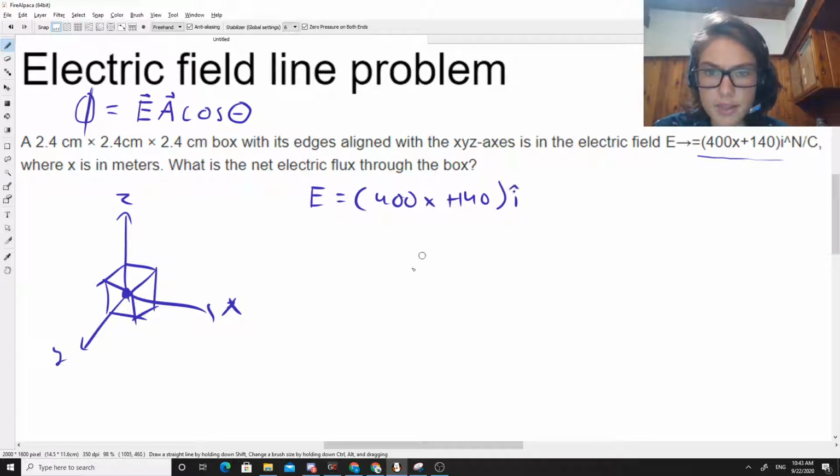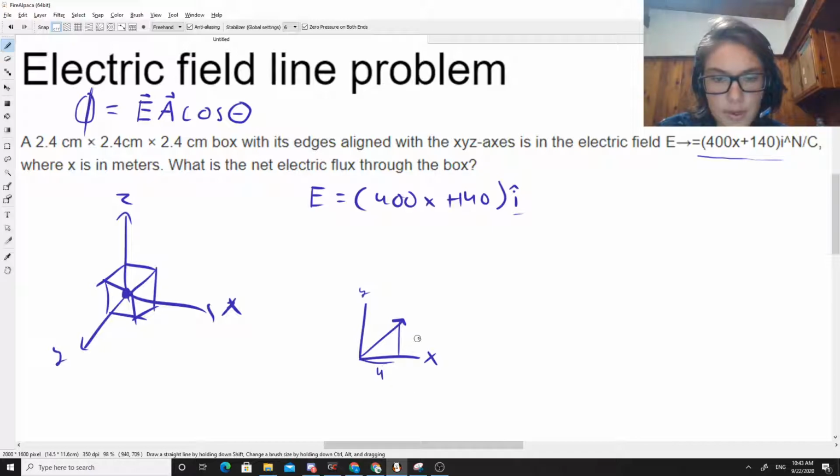i hat. If you remember from Calc 2, i hat is a unit vector. It dictates the direction. As a quick review, let's give a new coordinate system, x and y. It's 2D. You have some force vector, and the magnitude in the x direction is 4, and the magnitude in the y direction is, let's say, 3.